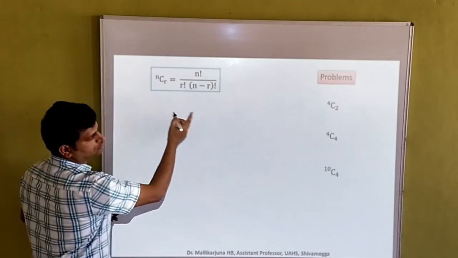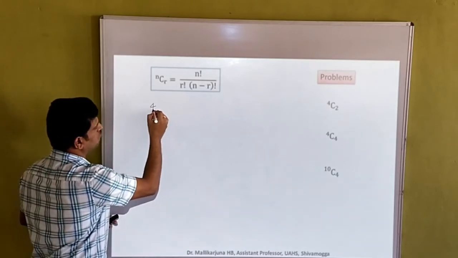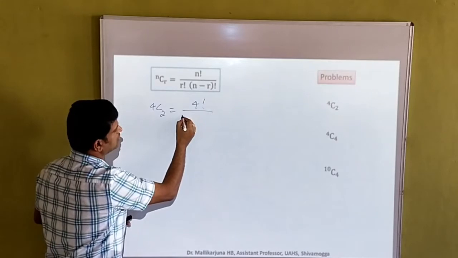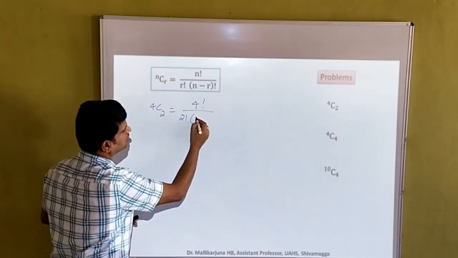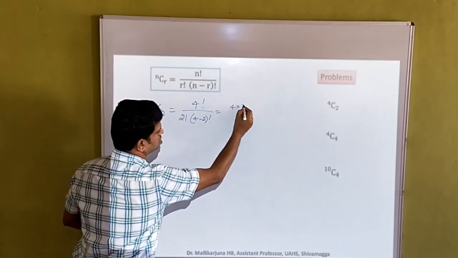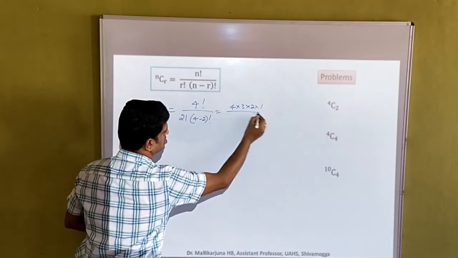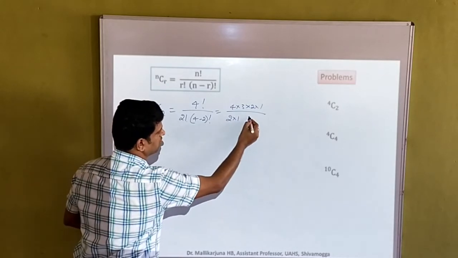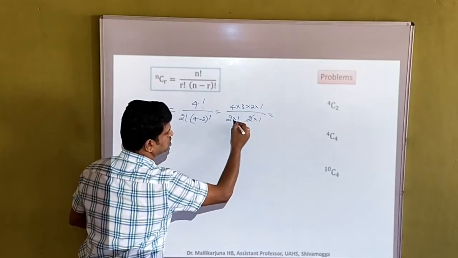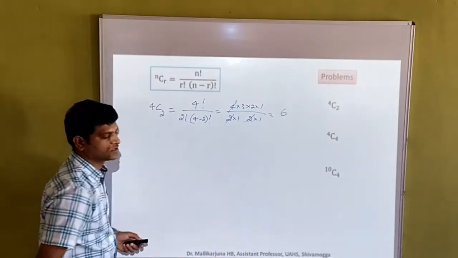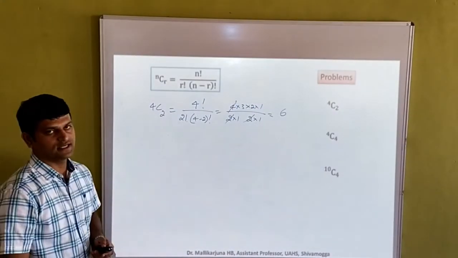Here 4C2 is equal to 4 factorial divided by 2 factorial times (4 minus 2) factorial. 4 into 3 into 2 into 1, 2 factorial is 2 into 1, 4 minus 2 is 2 factorial, 2 into 1. 2 cancels, 4. 3 twos are 6. 4C2 is equal to 6.